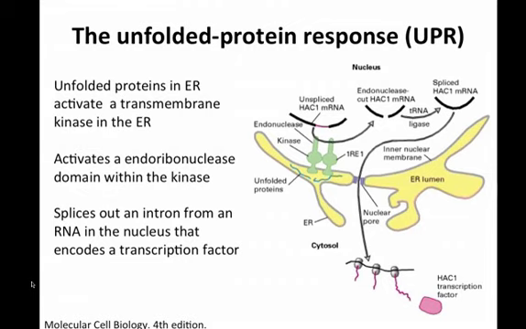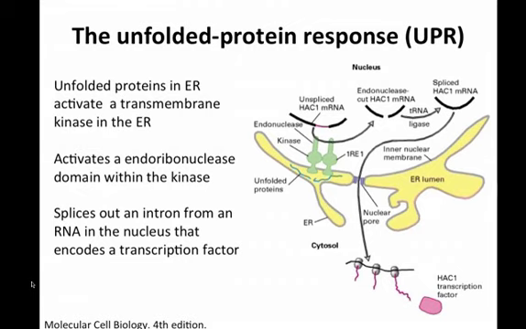Don't worry about the name. It's a transcription factor that will then go back into the nucleus and activate expression of genes such as genes encoding chaperones and different things that are needed for dealing with the fact that the ER is full of unfolded proteins, like peptidyl-prolyl isomerase, and all those good things.